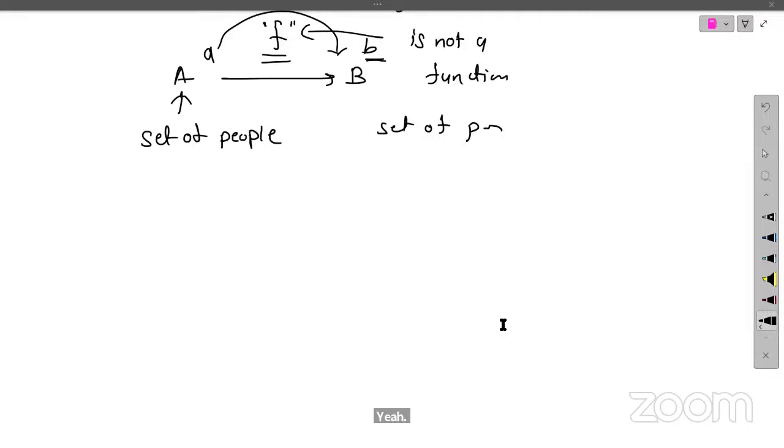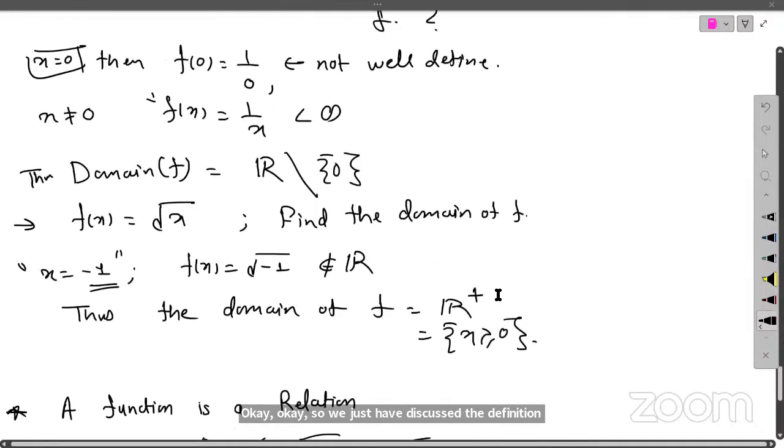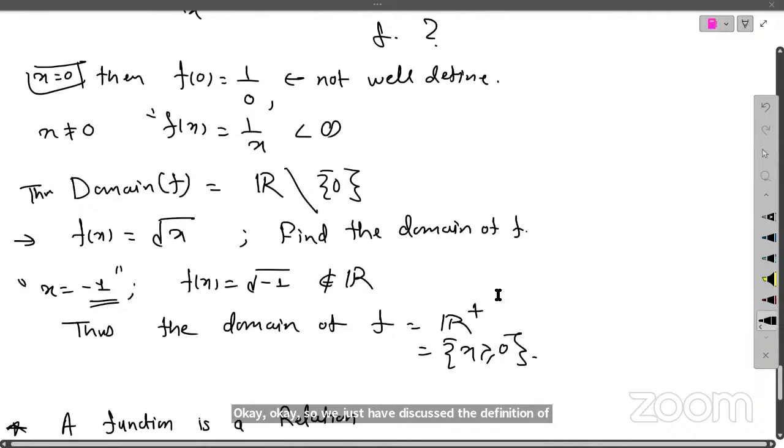Can you please revise all in summary? Saturday class summary? No, ma'am. Today's class in summary. I'm a little late because I was attending Saturday's class. Okay. So we have just discussed the definition of function and now I'm discussing the domain, codomain, range concept. That's all.